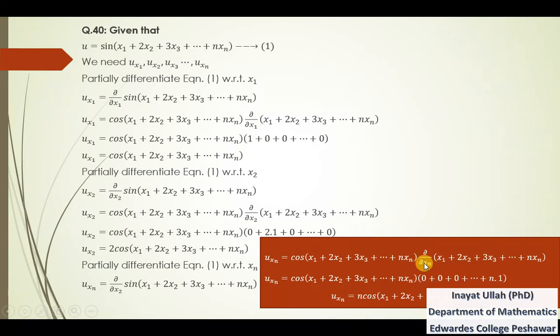Now that is the partial derivative with respect to xn, so this will be considered as variable, and the rest of the terms will be kept constant. So the derivative of these terms will be 0, and the derivative of the last term with respect to xn is n into 1. And now writing this n in the front of cos to get the derivative of u with respect to xn. So that is actually question number 40.